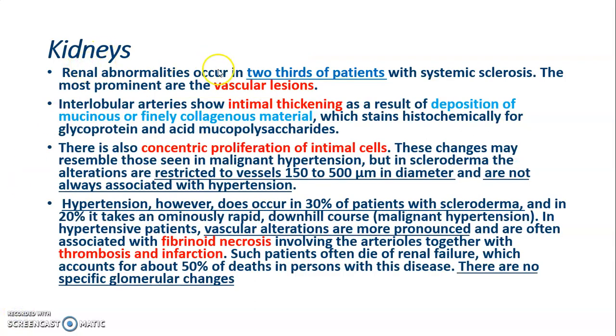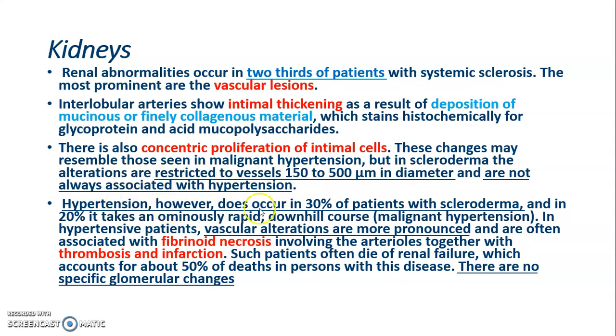Renal abnormalities occur in two-thirds of the patients with systemic sclerosis, and the most prominent are vascular lesions. So vessels are involved. Interlobular arteries show intimal thickening as a result of deposition of mucinous or finely collagenous material. There is concentric proliferation of intimal cells. These changes may resemble those seen in malignant hypertension, but in scleroderma, the alterations are restricted to vessels with 150 to 500 micrometer diameter and are not always associated with hypertension.